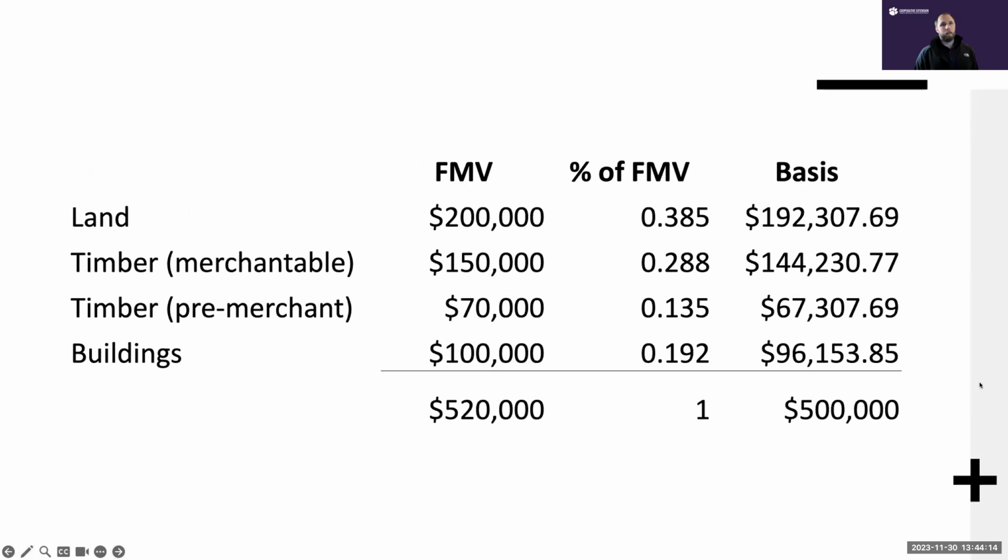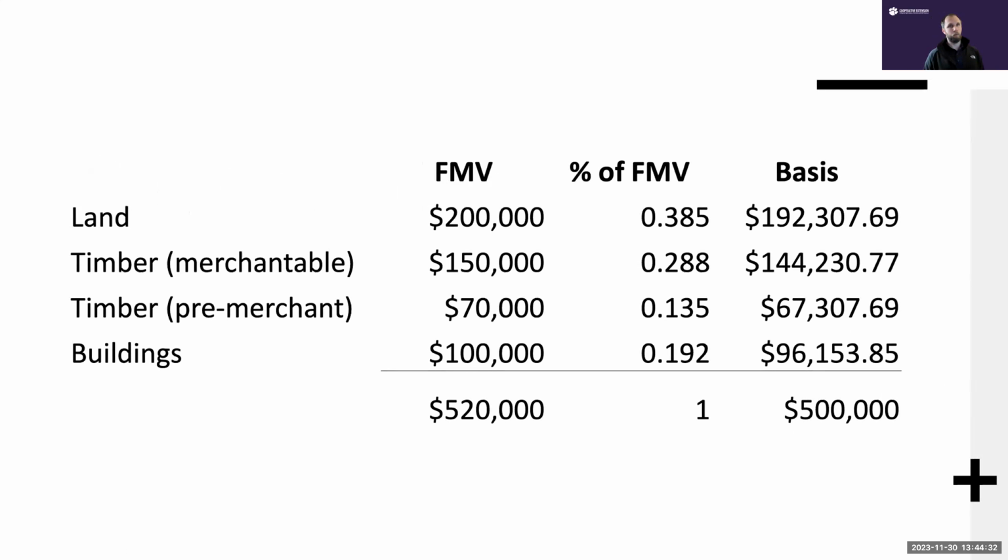So in the transaction where we have purchased that property, to go back to that example, let's say we have that $500,000 sale price where we have land, timber, and buildings associated with that transaction.